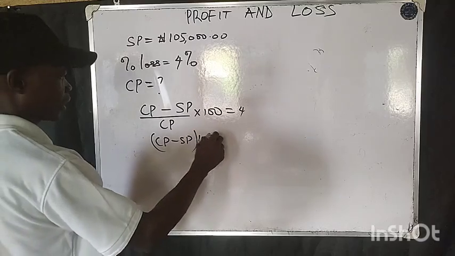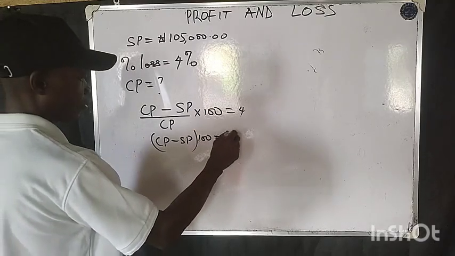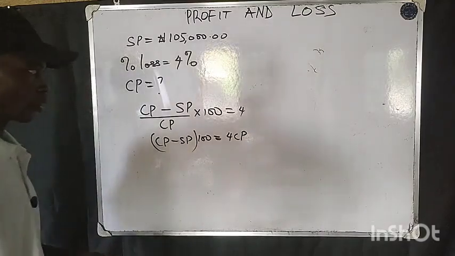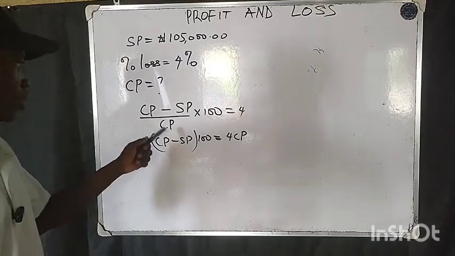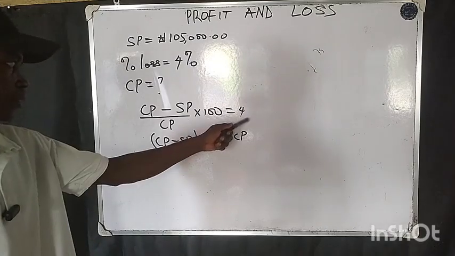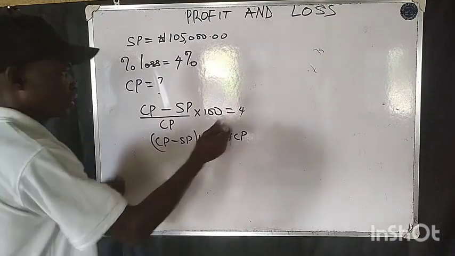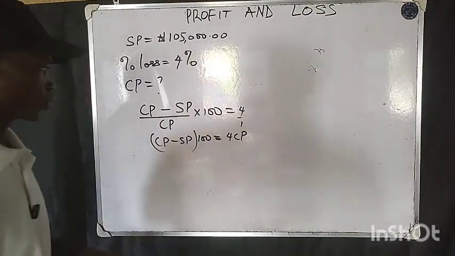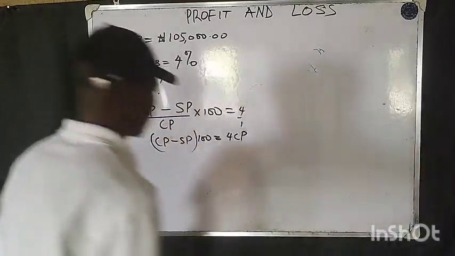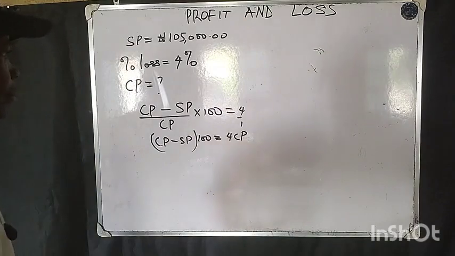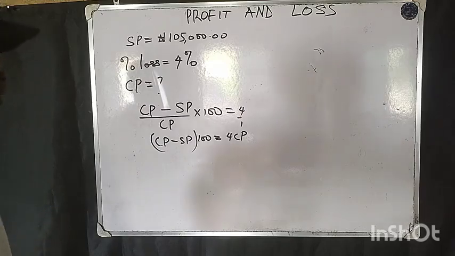When you cross multiply, you're going to have 4 CP. This one times this one, then everything here times the 1. Is it a problem? Good.